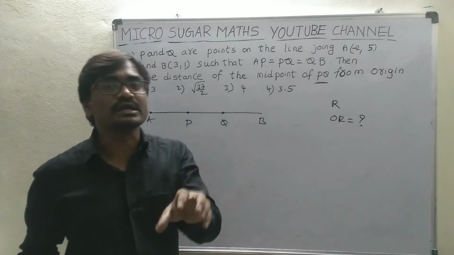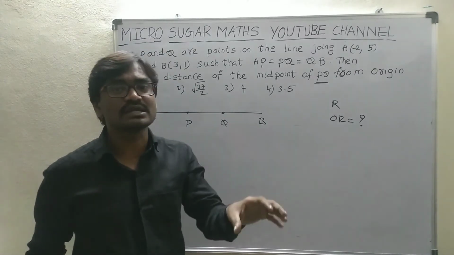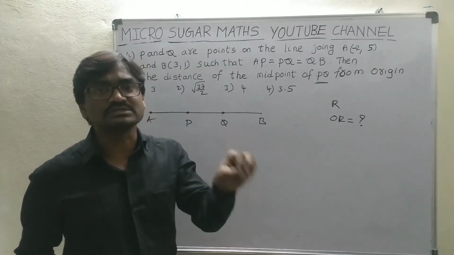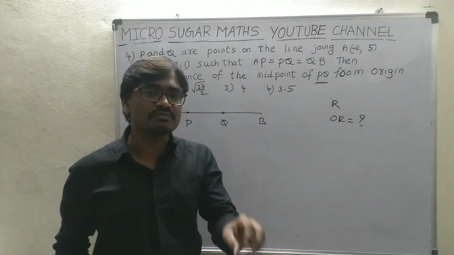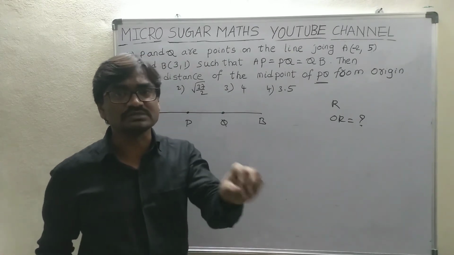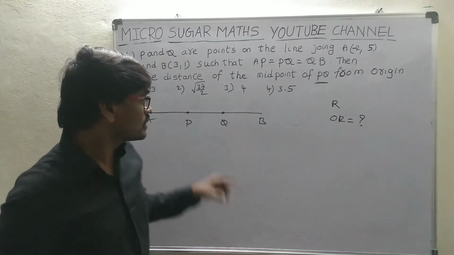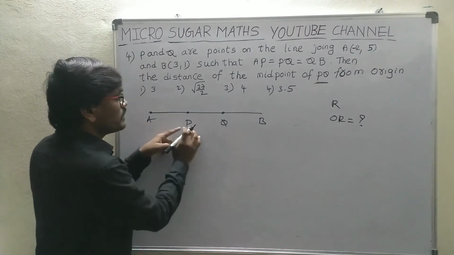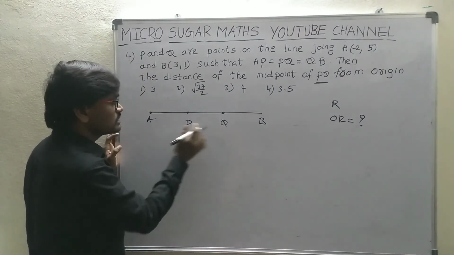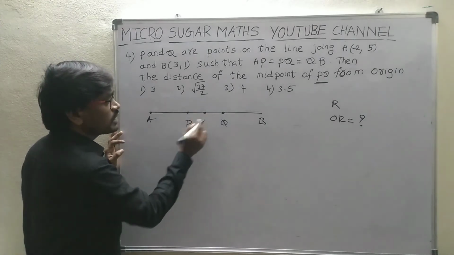Students, I have done a video on points of trisection and also its properties. That video is available on the playlist of the Microsugar Maths YouTube channel. Please watch that video.